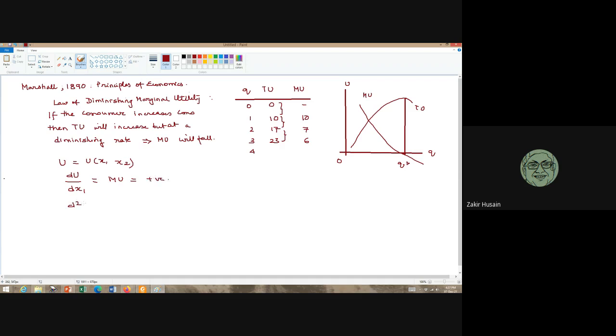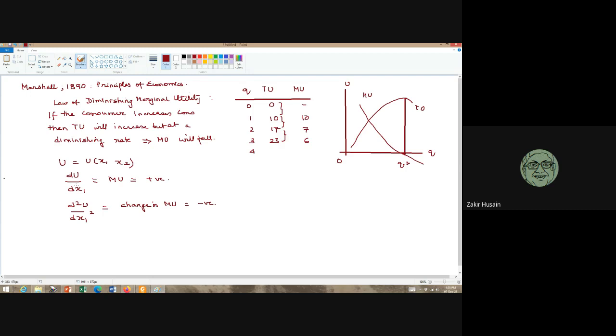But if we take the second derivative, this is the change in marginal utility, and this is assumed to be negative because it is falling. As consumption is going up, your marginal utility is falling.